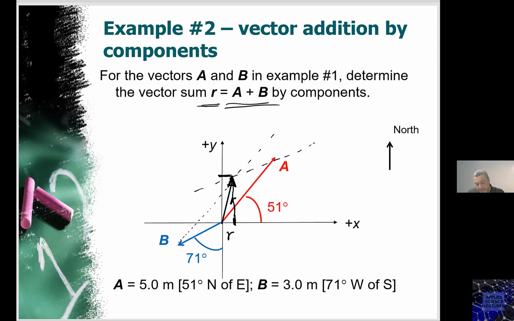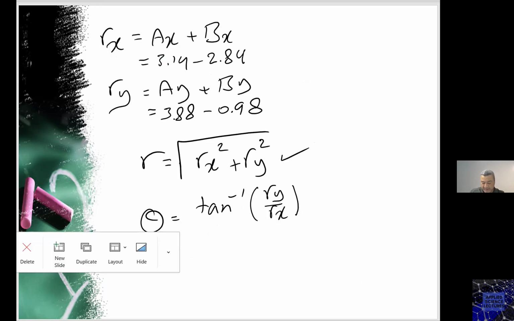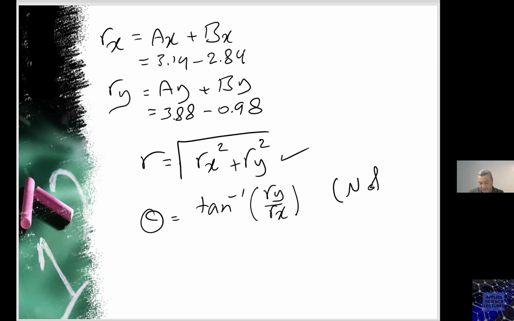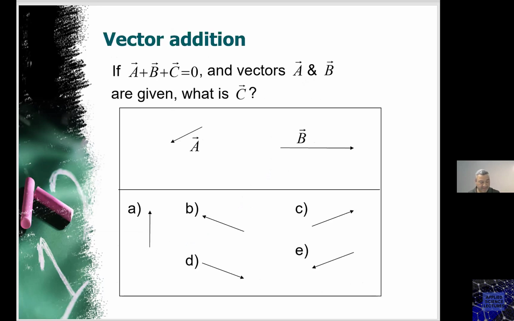Those are Rx, and this one is Ry. Then the angle you found is this one. And this one, based on the northeast, is called what? North of east. So this one is going to be north of east. As simple as this.